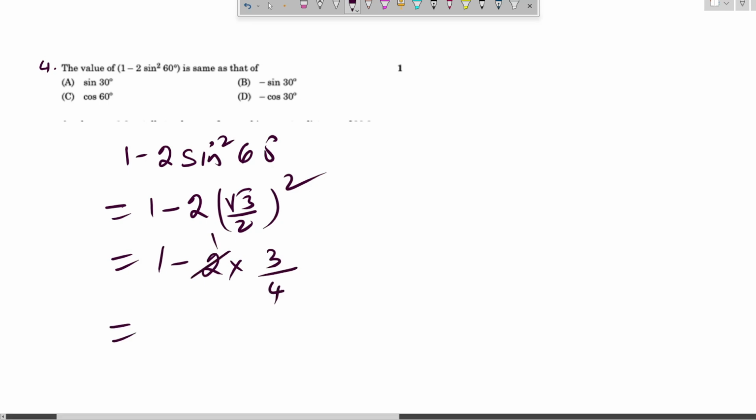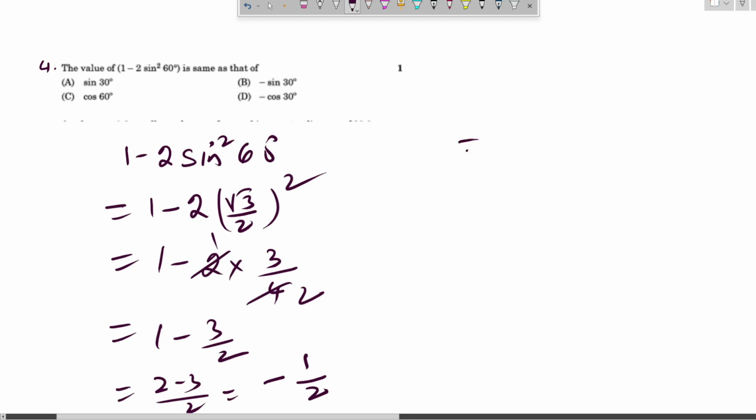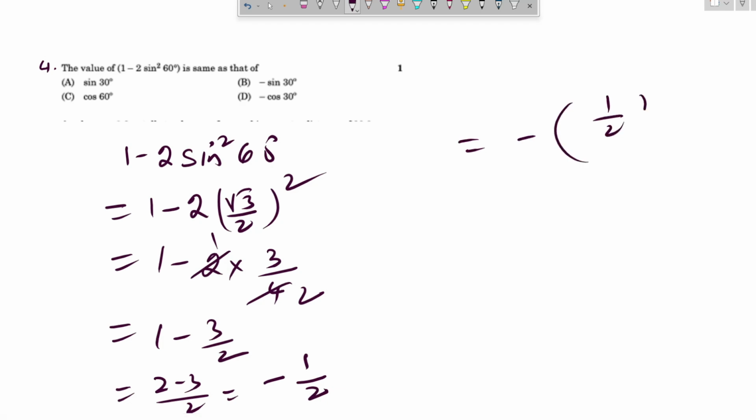So calculate the value: you got 2 minus 3 by 2, which is equal to minus 1 by 2. Now keep minus as common. For which ratio will you get 1 by 2? For 30 degree, 60 degree.